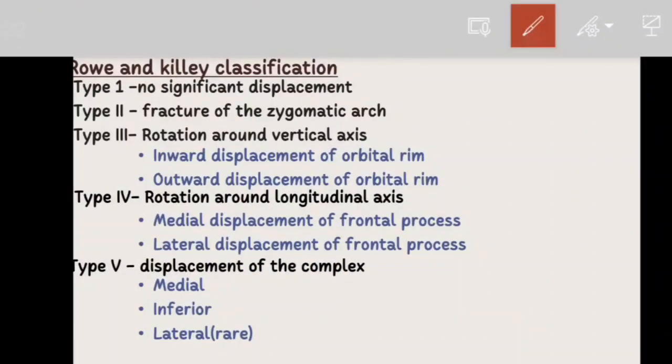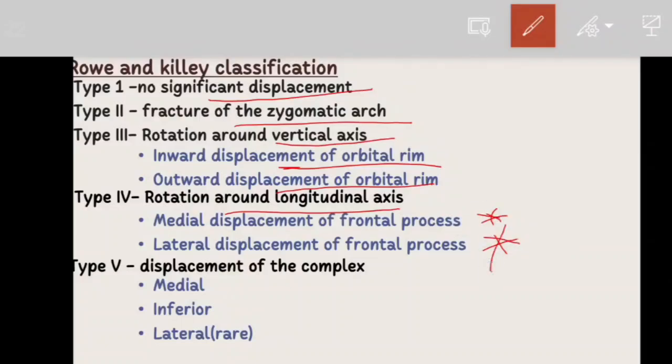Now according to the Rowe and Killey classification, type 1 has no significant displacement, type 2 is fracture of the zygomatic arch, type 3 is rotation around the vertical axis, which includes inward displacement of the orbital rim and outward displacement of the orbital rim. Type 4 is rotation around the longitudinal axis, which includes medial displacement of the frontal process and lateral displacement of the frontal process.